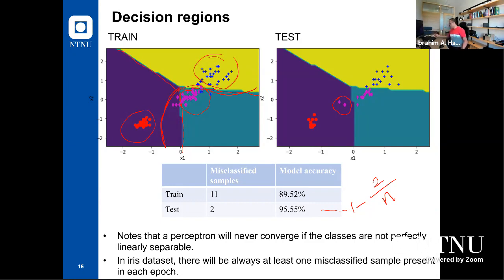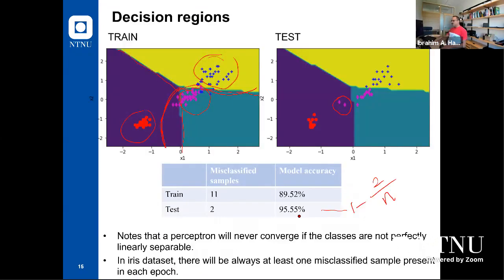Prediction error will be 1 minus the model accuracy. So if someone asks you what the prediction error is, it will be 10.48% here, and here it will be 3.45%. So the accuracy equals 1 minus prediction error, or vice versa.